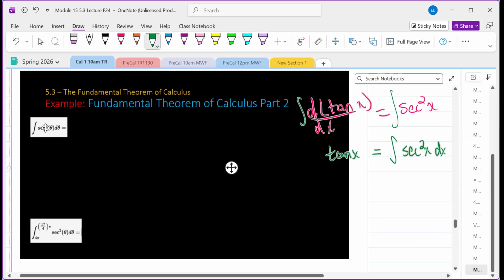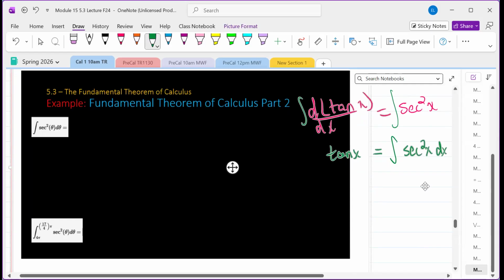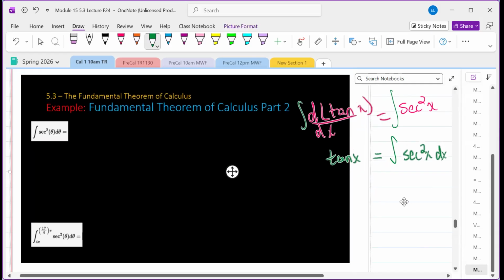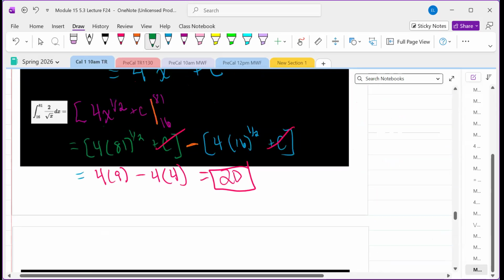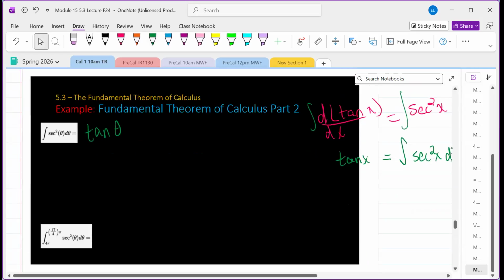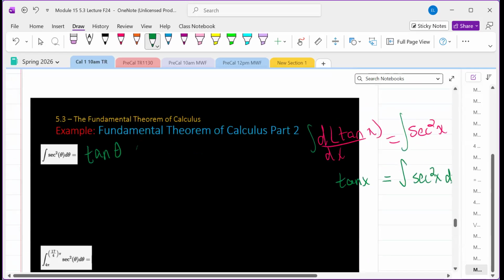So my antiderivative of secant squared theta d theta is going to be tangent theta plus c.